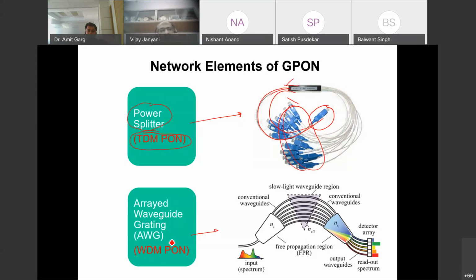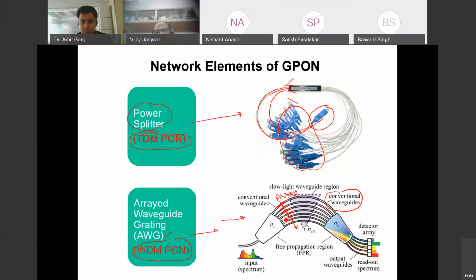Similarly, for WDM PON, as I mentioned, the AWG is a very important device, and that AWG is something like this. It works on a principle where it consists of an array of waveguides. You see this is one waveguide, second, third, fourth, fifth, sixth, so n number of such waveguides, and that's why it is called an array of waveguides.